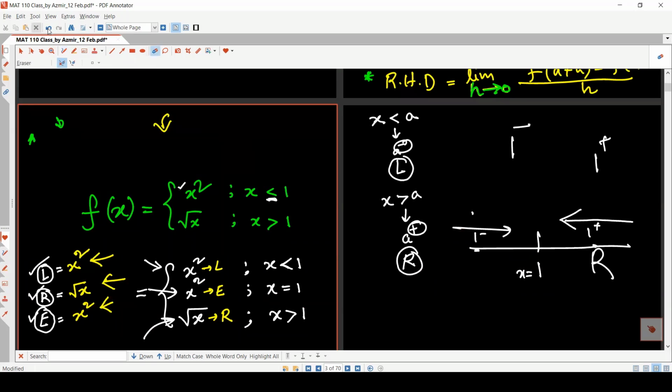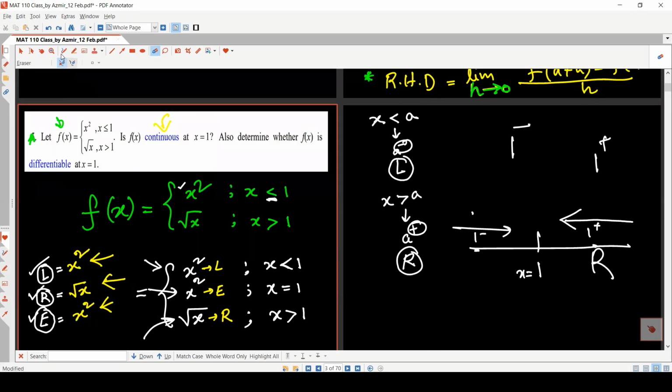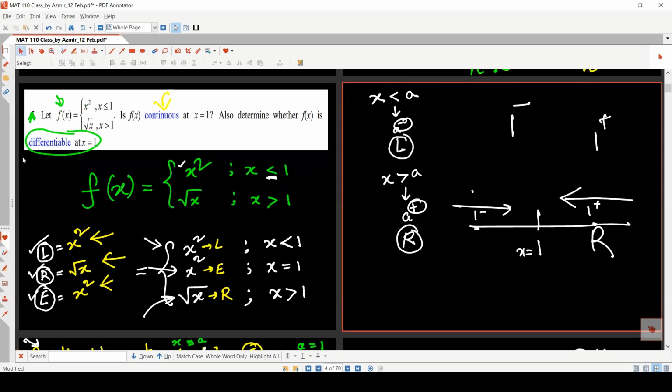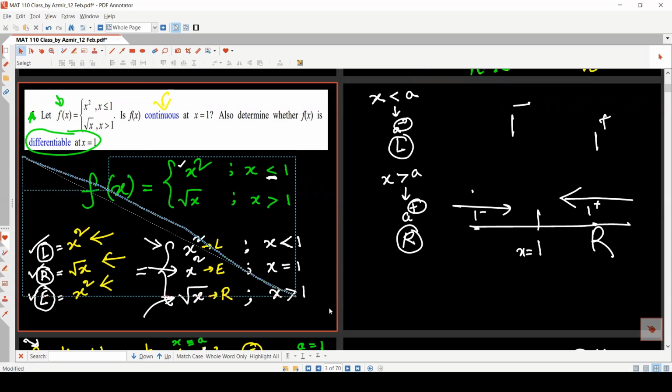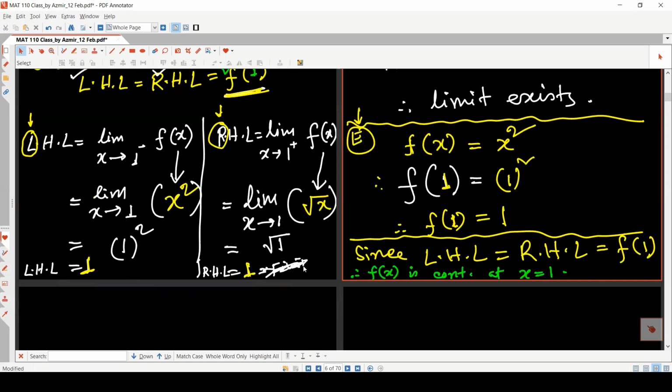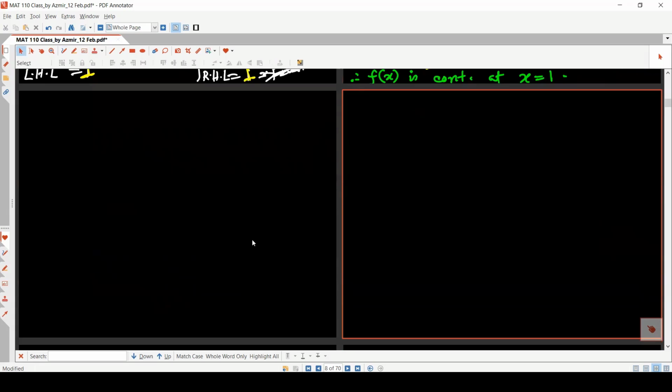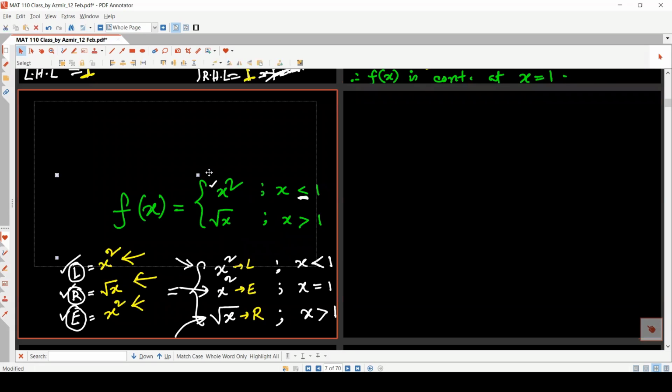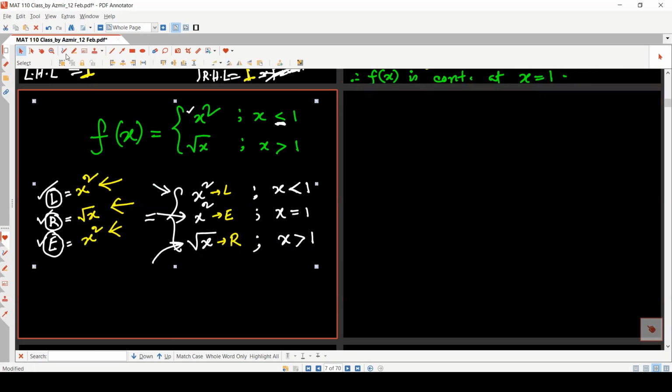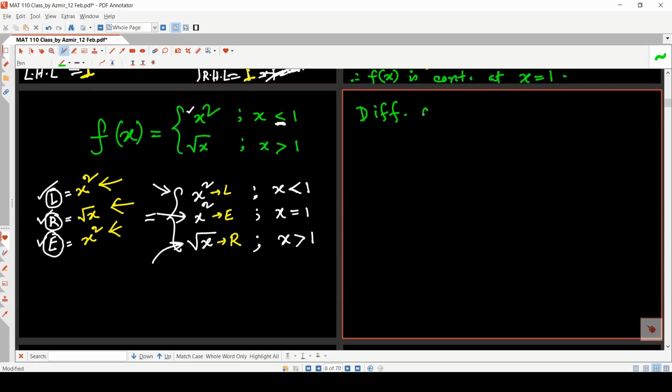Now we have to check whether the same function is differentiable or not. So for that, I am taking the same function in another place. Now we are going to check the differentiability at x equals 1.